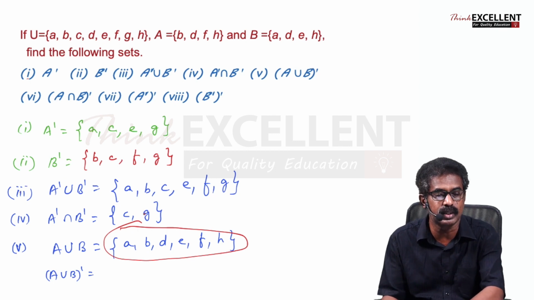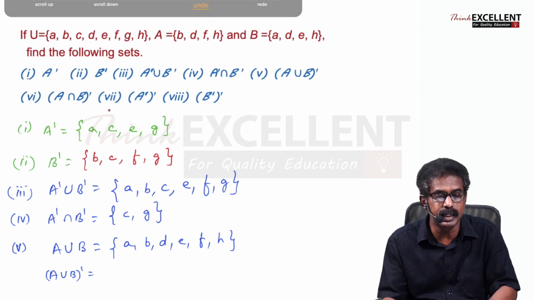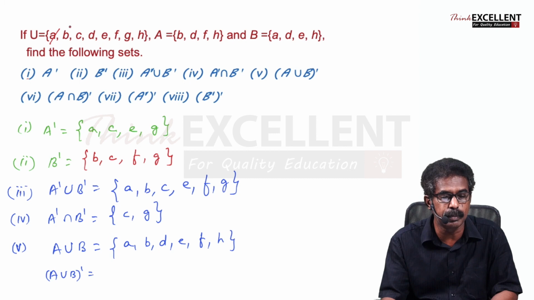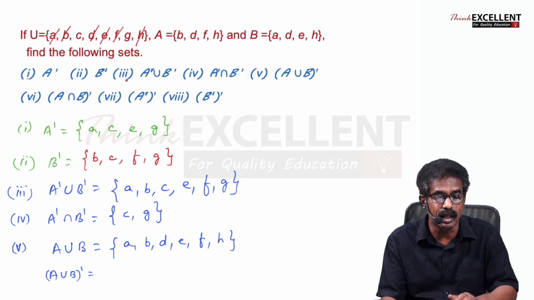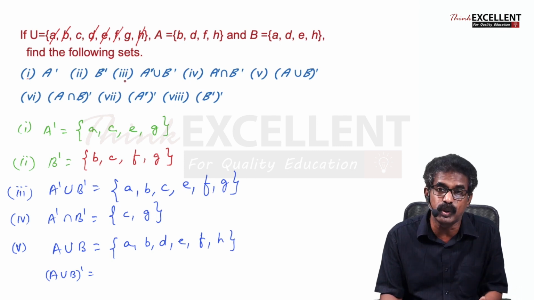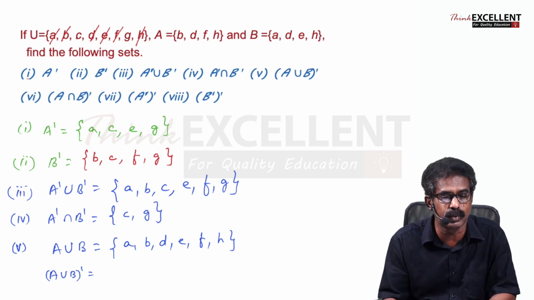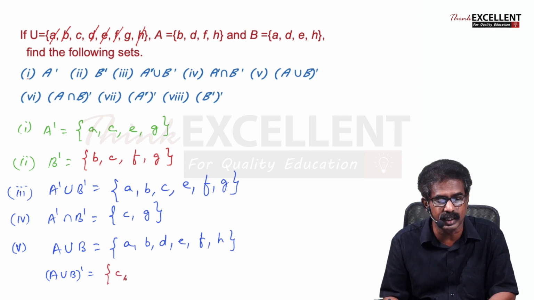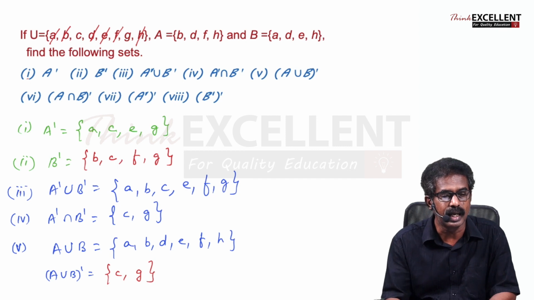So which elements do you have to leave? A, B, D, E, F, H. Leave all these elements which are not in A union B but in the universal set. What are the elements? C and G. So your answer is C and G. I think with this idea, you can write the remaining.